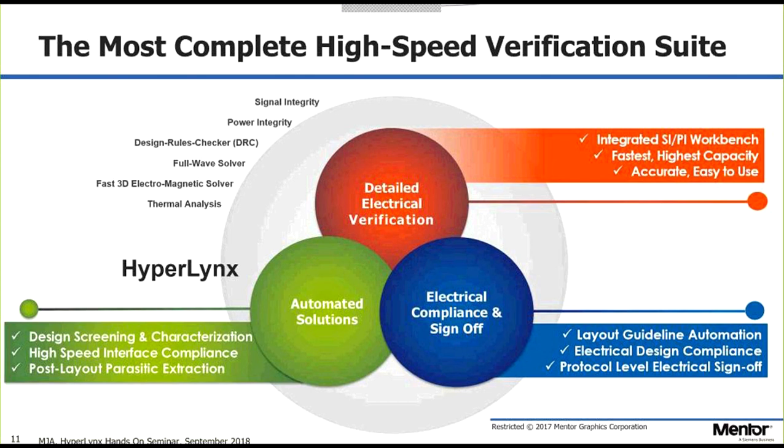Then some other technology that we had, the design rule checker tools, were included in the HyperLynx family and enhanced upon. Then we needed full wave solvers to address the more complex needs that today's analysis have. And that included things like the fast 3D electromagnetic solver. And then we've also got thermal analysis. We'll go through that in a little bit more detail here.